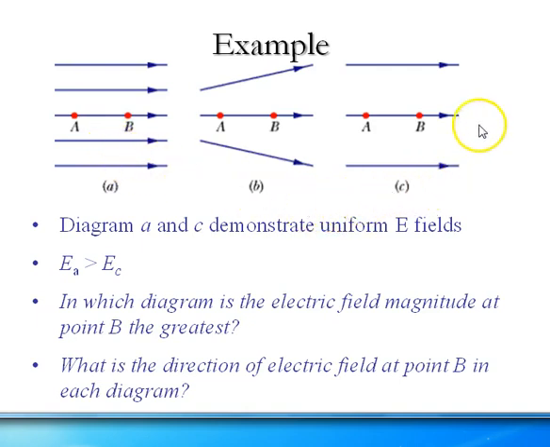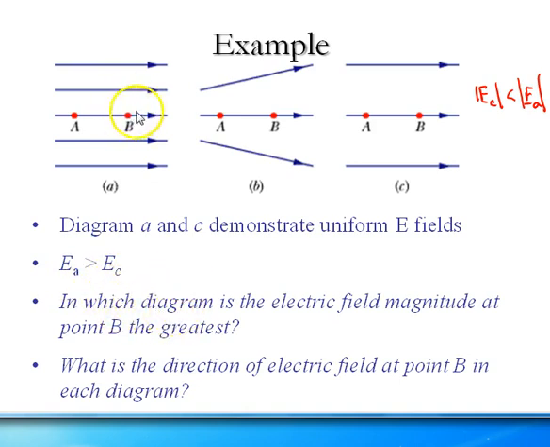That's also true here in diagram C. They're further apart in diagram C than they are in diagram A, which tells us that the electric field is stronger in diagram A than it is in diagram C. Stronger means the magnitude of the electric field of C is less than the magnitude of the electric field of A. Or here we have the electric field of A is greater than that of C.